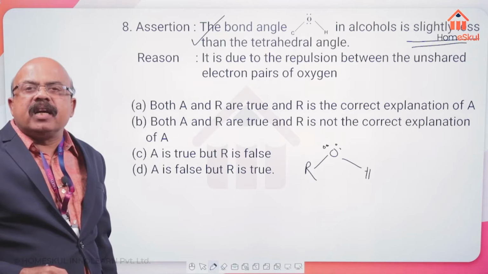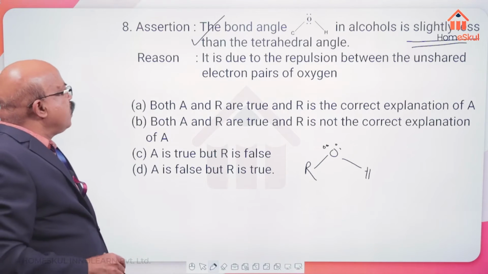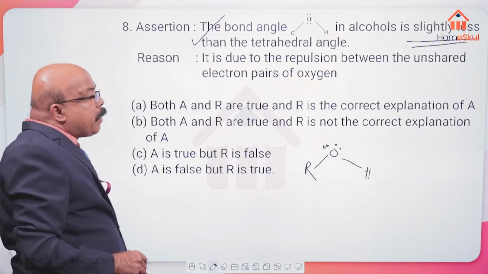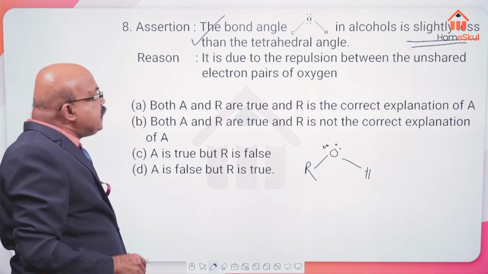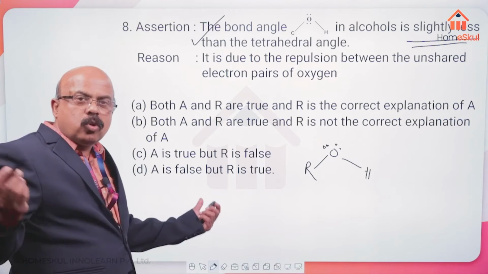What is the reason given here? The reason given is that it is due to the repulsion between the unshared electron pairs. That is also correct.